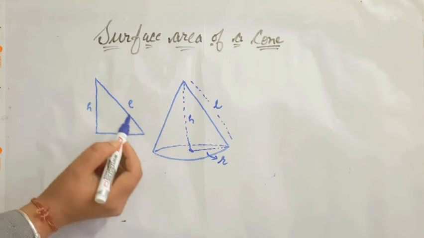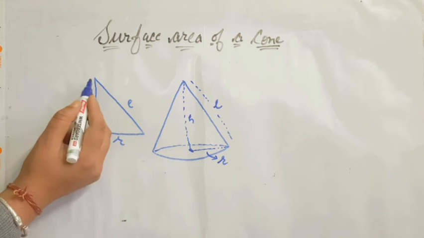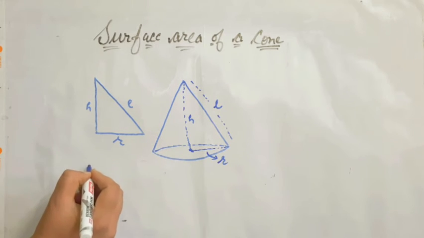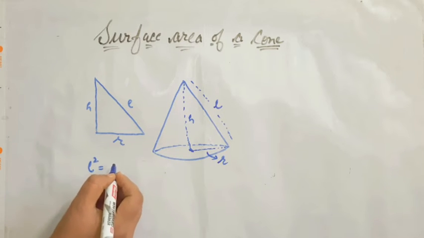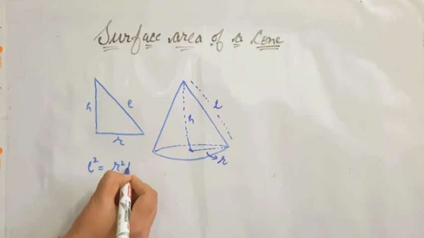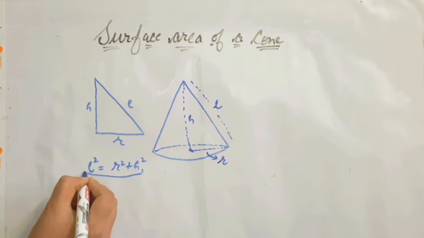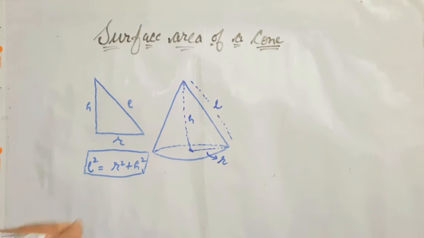Slant height is the hypotenuse, radius is the base and height is the perpendicular. So by the Pythagoras theorem, L square equals r square plus h square. This is the relation between radius, slant height and height of the cone.